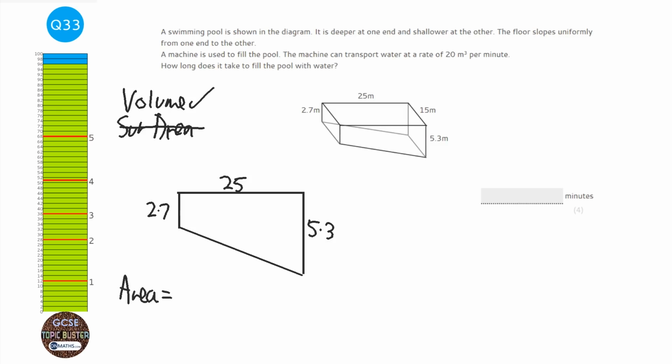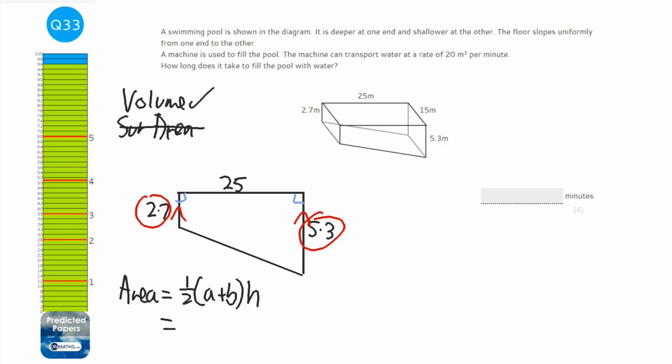Now the area of a trapezium is half A plus B H. Now A and B are always the two parallel sides, and then the height is the one that connects them at right angles. So the height is going to be 25 there. And all you're doing is working out the average of the two bases, the 2.7 and the 5.3.